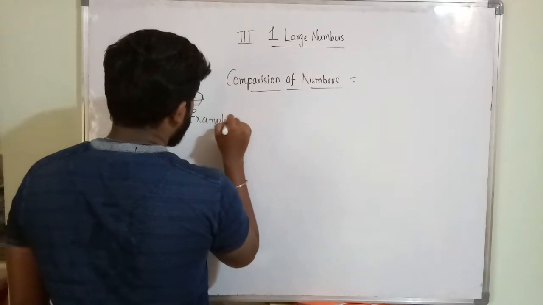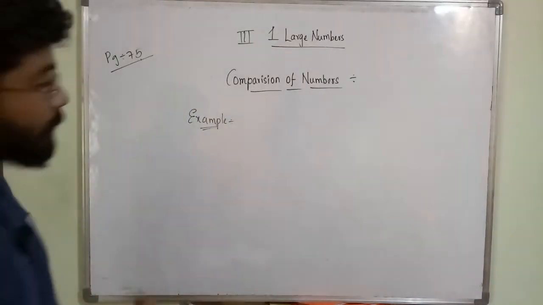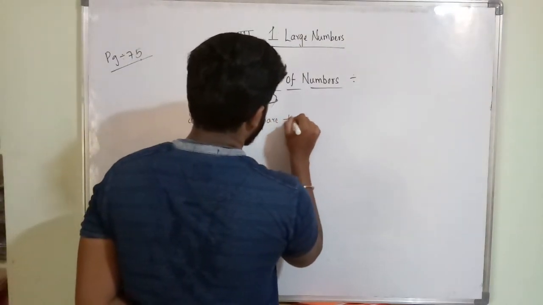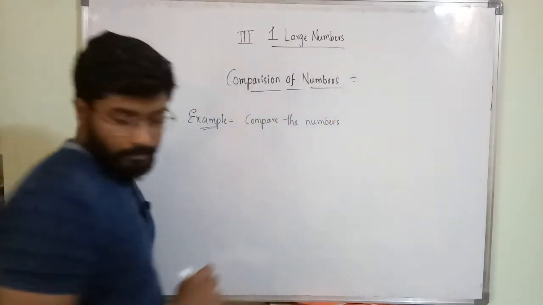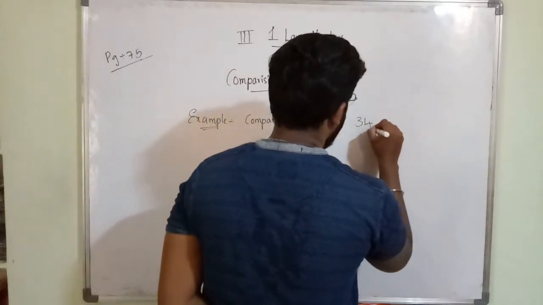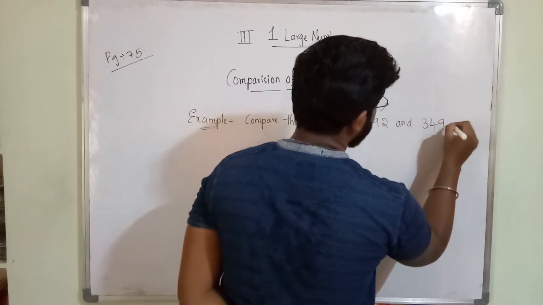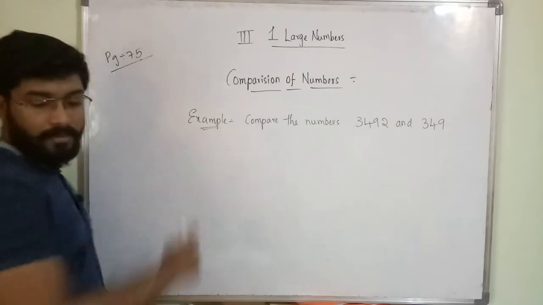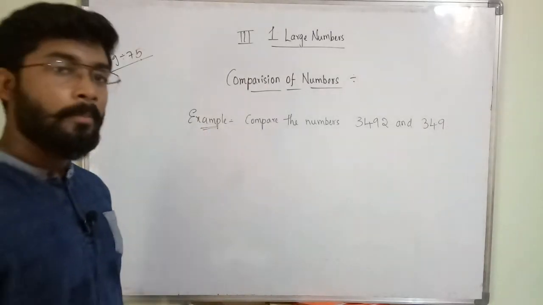What is the example? Compare the numbers 3492 and 349. This is the example for the statement: the number with more digits is the greater number, and the number with fewer digits is the lesser number.